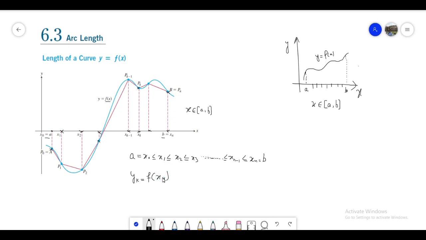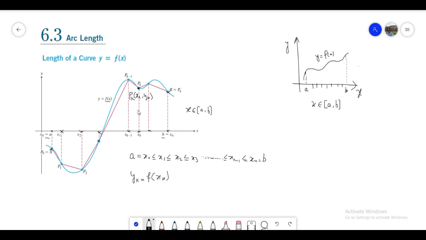The corresponding point, with x comma y values xk comma yk, is called pk, and it lies on the curve. As the value of k increases or decreases, this point moves along the curve, either towards the final point B or back to the initial point A.